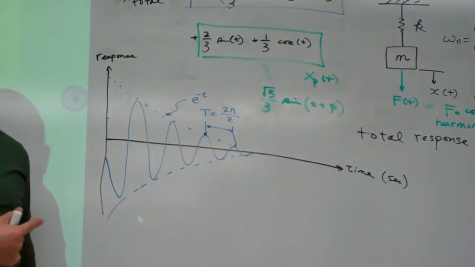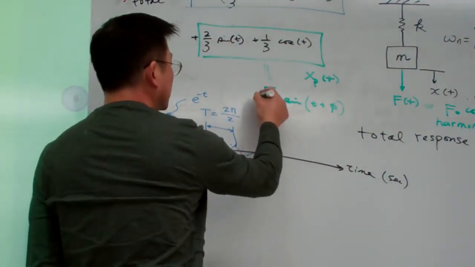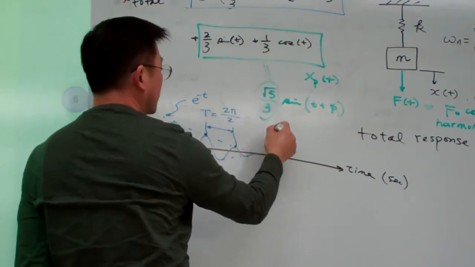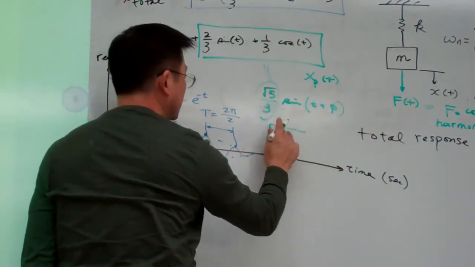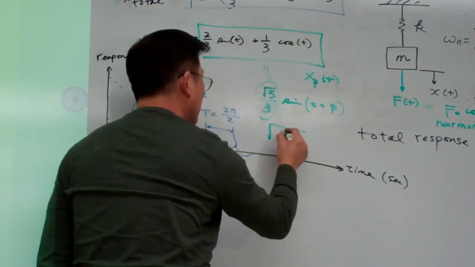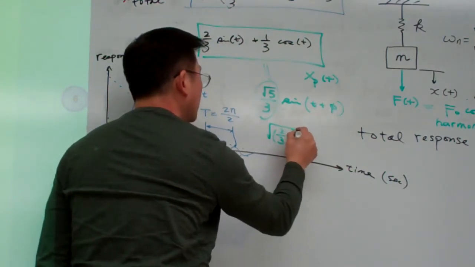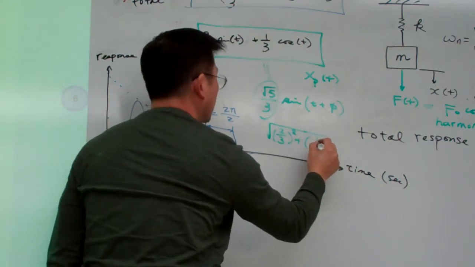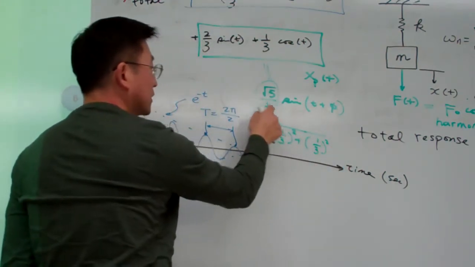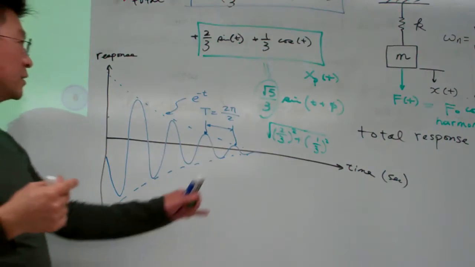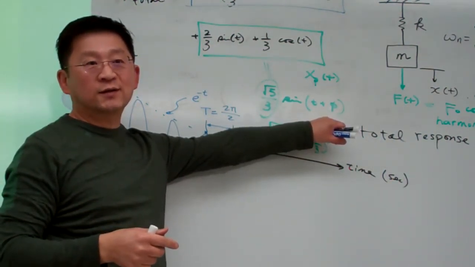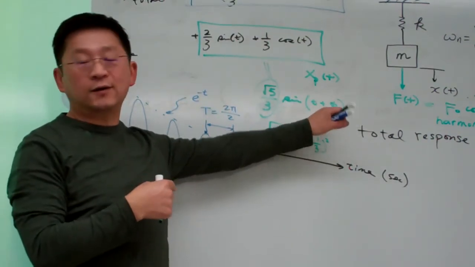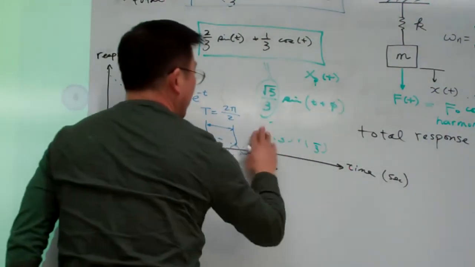Do you know how to do this? The magnitude simply equals the square root of the coefficient 2 3 squared plus 1 3 squared. Okay, so that is this one. And taking the tangent of something, then we can calculate this one. Again, go back to our homework. Okay. So right now this is our form.